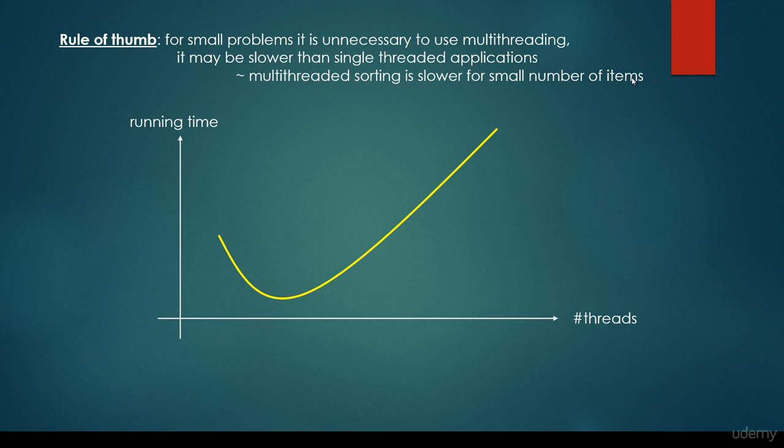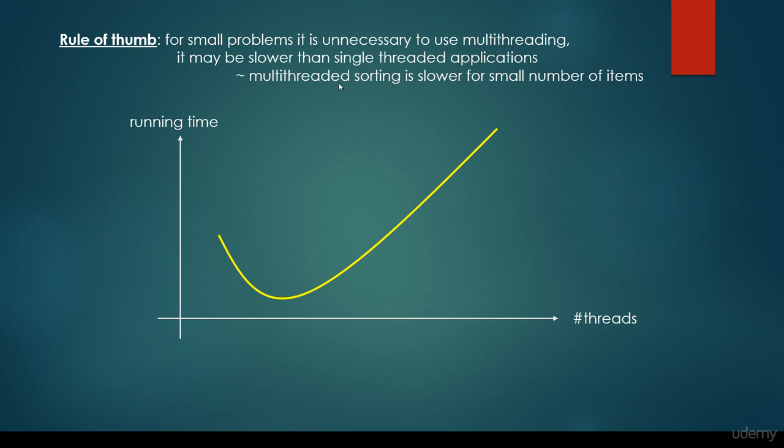I'm not sure whether you are familiar with sorting algorithms, but for example merge sort or quick sort is going to be slower with multithreading if we want to sort, for example, 10 items or 20 items.